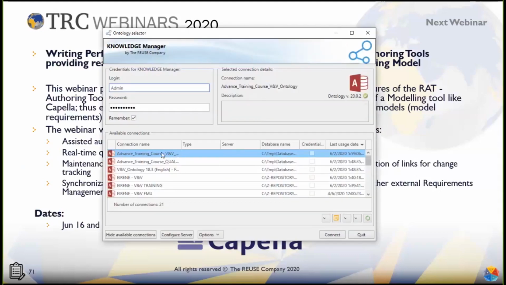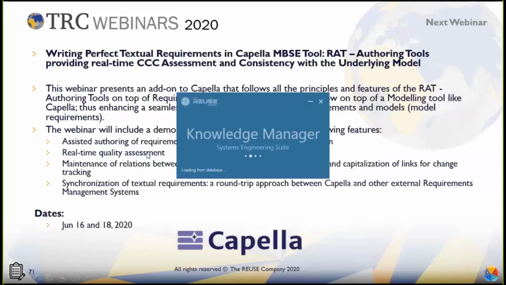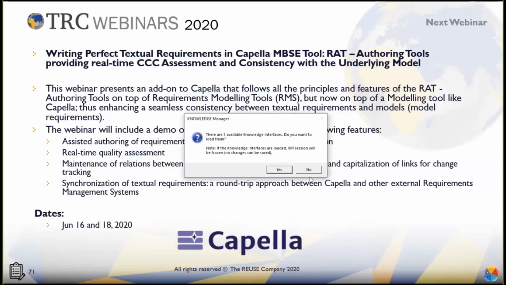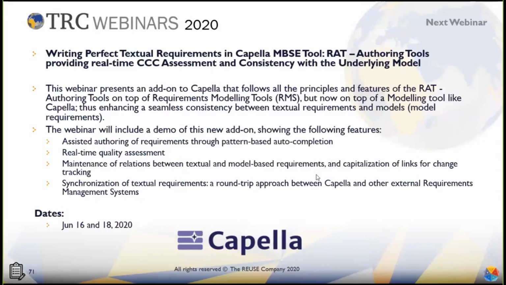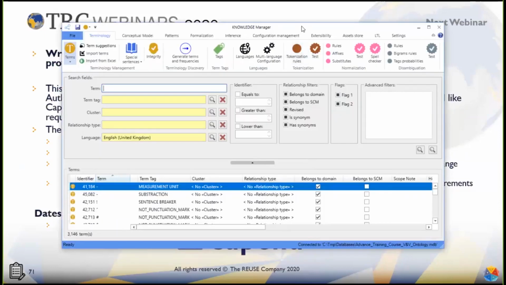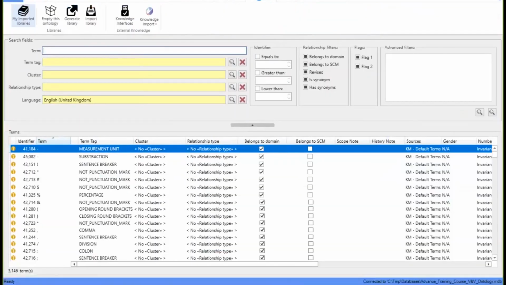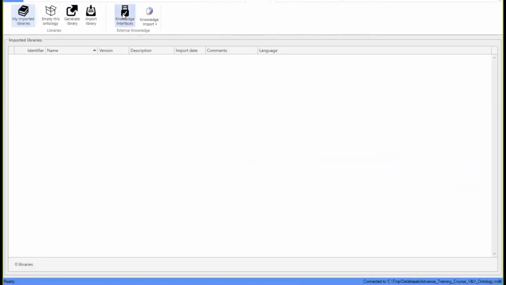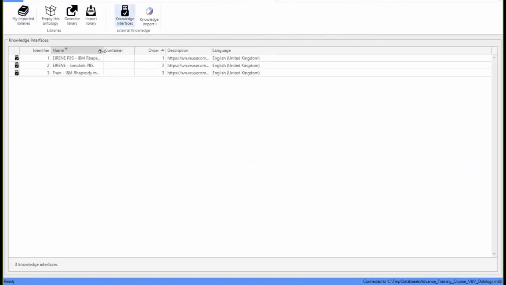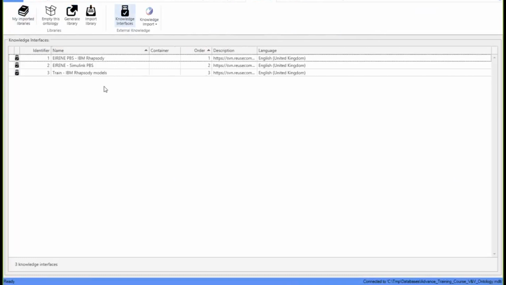If you just go and connect to the database I use for the demonstration, I say no to the knowledge interfaces. So this is the knowledge management tool, and here in extensibility you have knowledge interfaces, which mainly means that you can connect to different sources to bring inside the ontology on the fly the different breakdown structures.